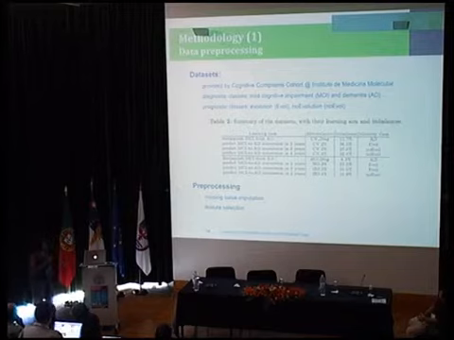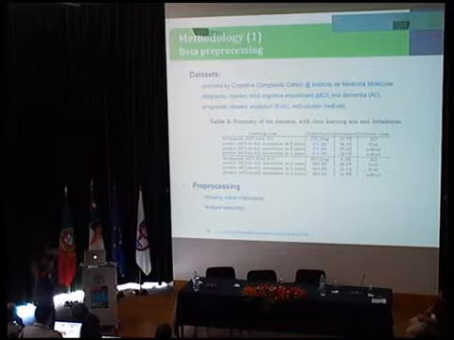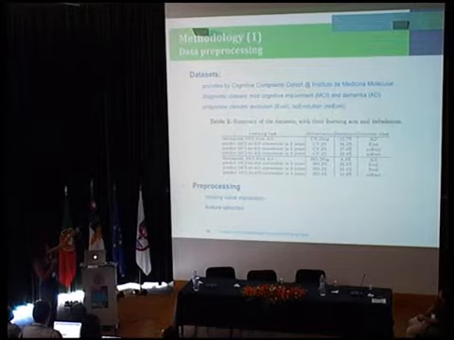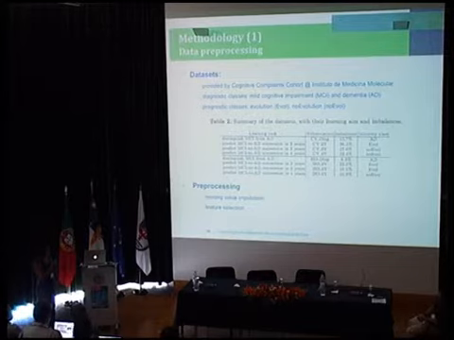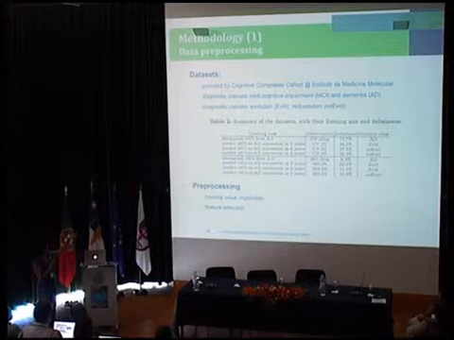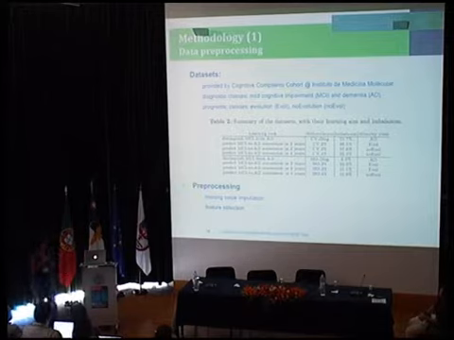And as you can see, according to the type of data we have the diagnosis problem, that is distinguishing MCI from AD, and then we have three different data sets. One where we want to predict if a patient with MCI will progress or convert to AD in 2 years, and then in 3 years and in 4 years. Okay?